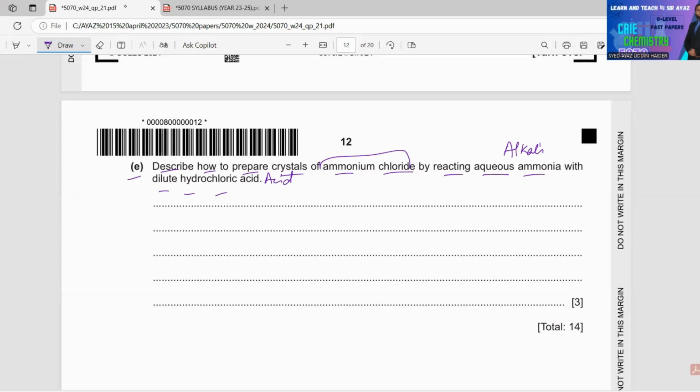So we'll go for titration. You can write any 3 from these. First I will start with titrate aqueous ammonia with HCl.